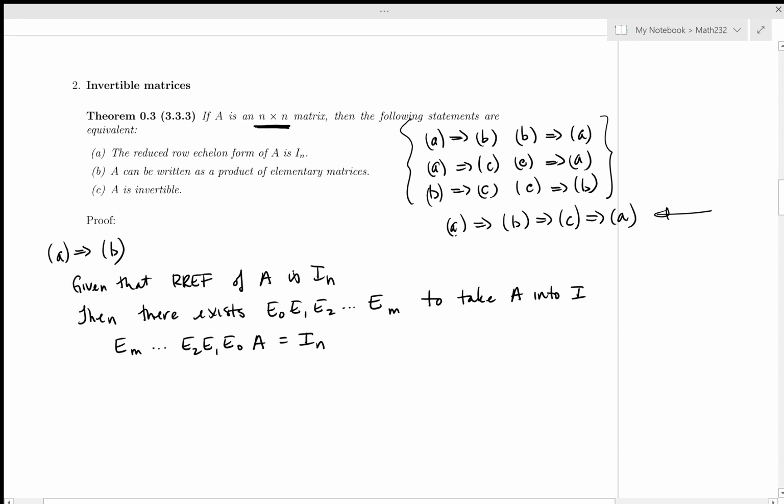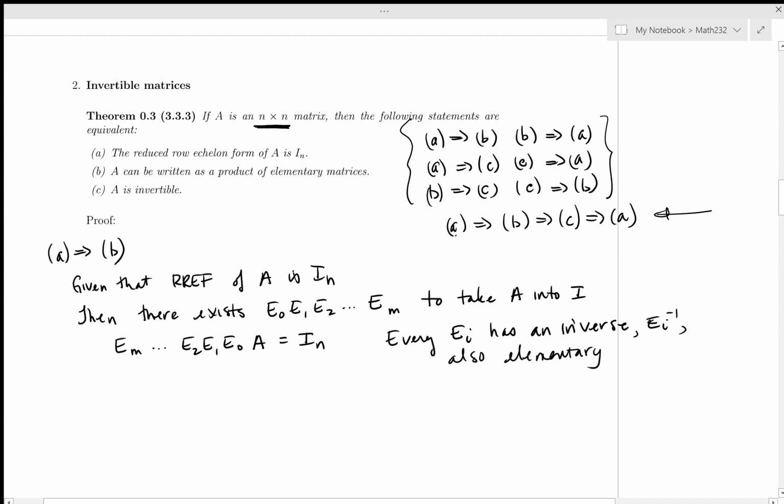We already have a theorem from earlier: every E_i has an inverse, which I'll label E_i to the minus 1, which is also elementary.